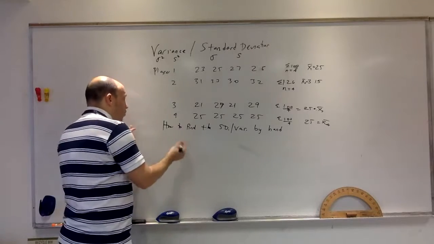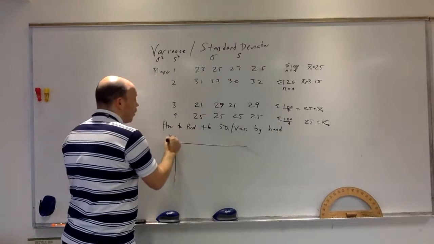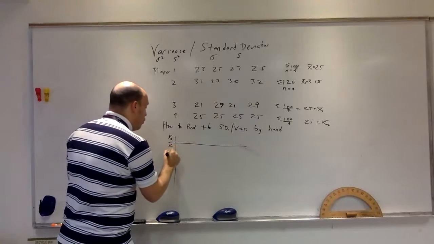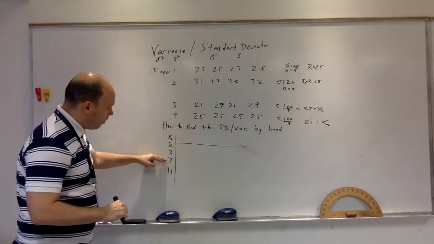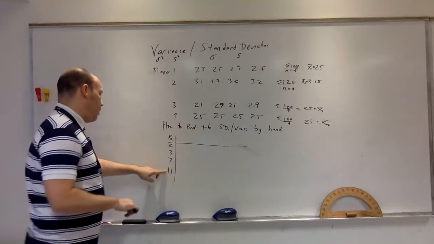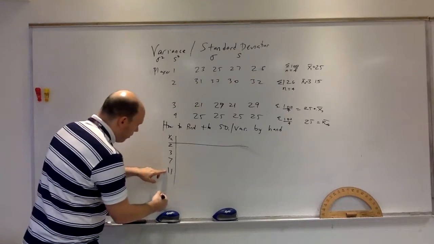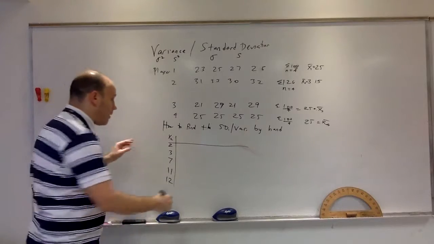Step 1, write down the data. So let's pick small numbers. How about 2, 3, 7, 11, 23, and how about 30? Good. Step 2, write down the mean.